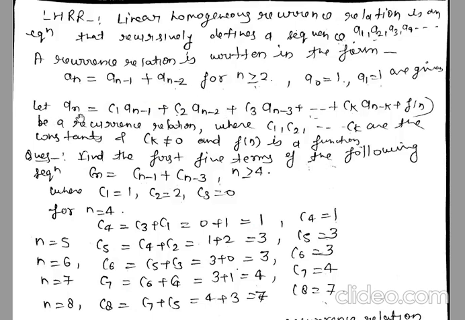Now let an is equal to c1 an minus 1 plus c2 an minus 2 plus c3 an minus 3 plus and so on, ck an minus k plus fn be a recurrence relation, where c1, c2, and so on, ck are constants and the last ck does not equal 0, and fn is a function of n.